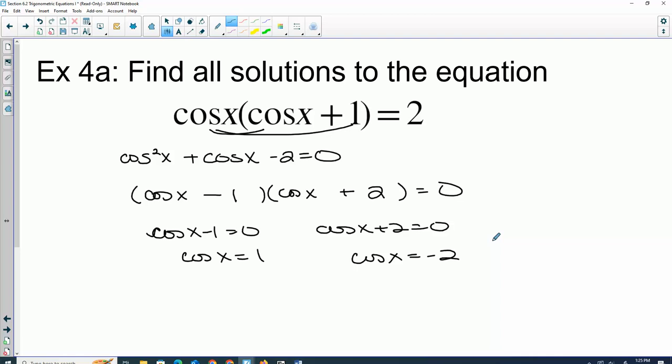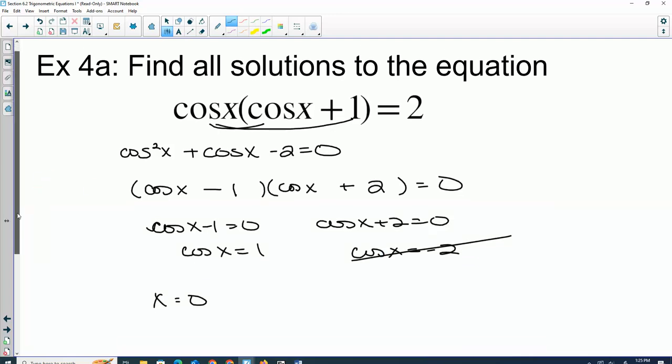Okay, when is cosine equal to 1? Two pi, which is the same as 0, so whichever one you put is fine. When is cosine equal to -2? It's not, so we ignore that one.